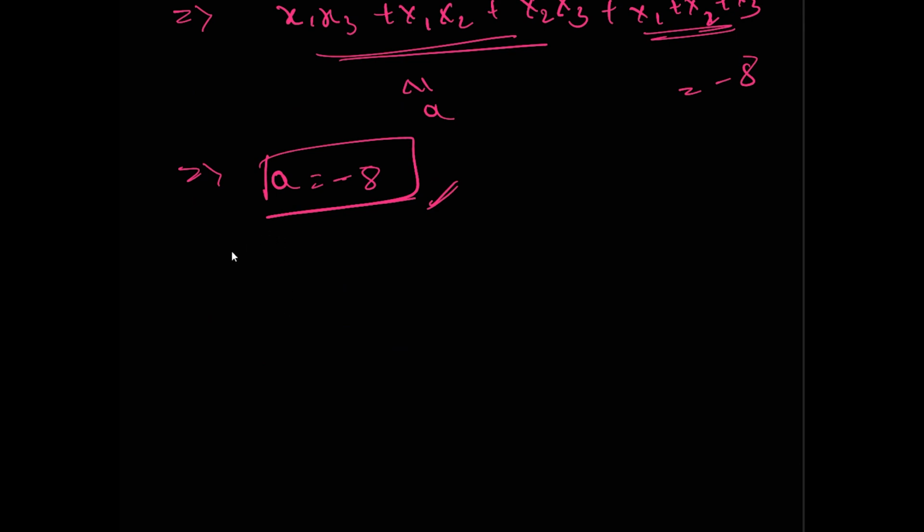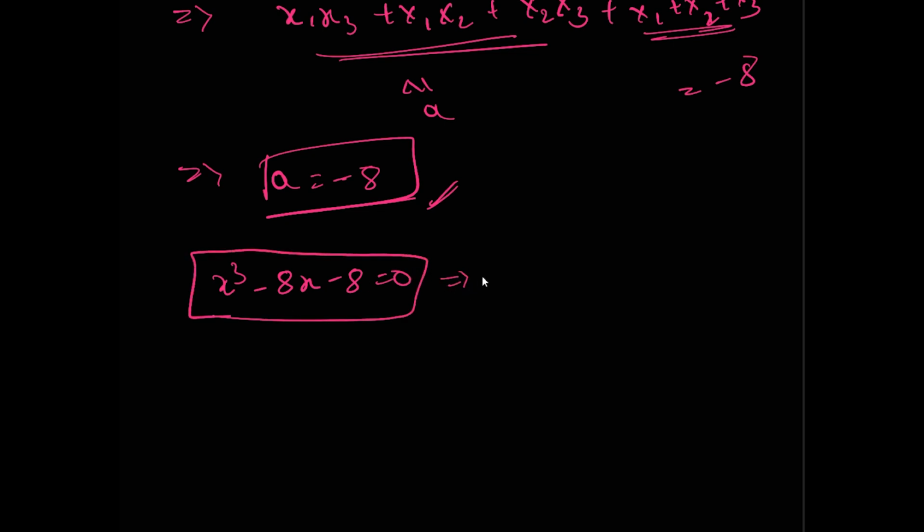Now substitute the value of a in the above equation. So we will get x cube minus 8x minus 8 equals 0. This is the actual equation.